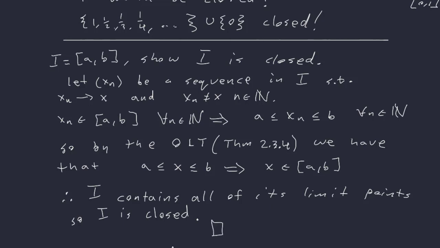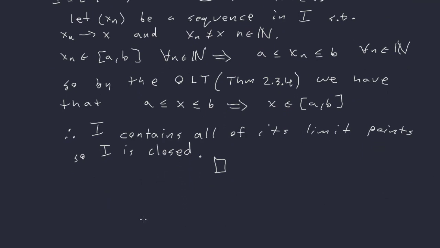Part of where this would fall apart is if we tried the same proof with an open interval. If x_n was in the open interval A to B, this would give us that A is strictly less than x sub n, which is strictly less than B, and the limit would have to be less than or equal to, because that sequence could converge to one of the endpoints.